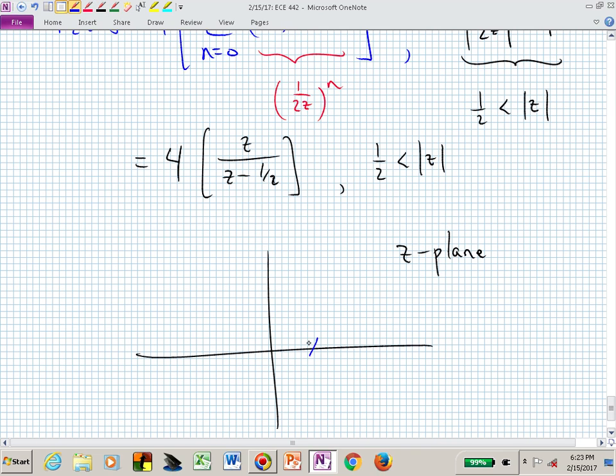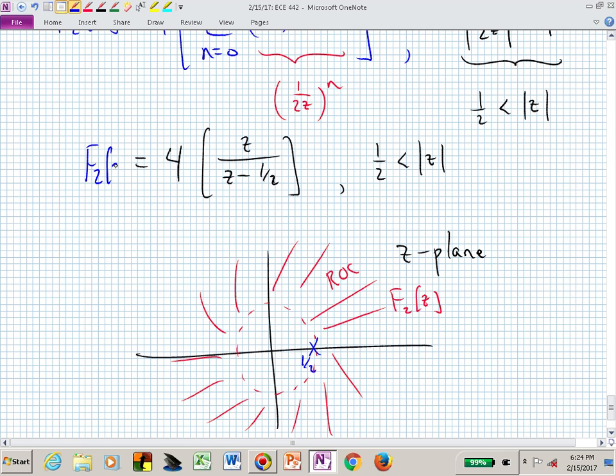Now in the z-plane, we have a pole at 1/2, and our region of convergence for f sub 2 of z is now beyond 1/2. And we need this region of convergence to be simultaneously consistent with the region of convergence for our first piece, which was f sub 1 of z.